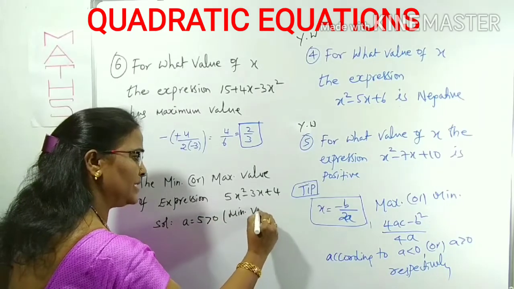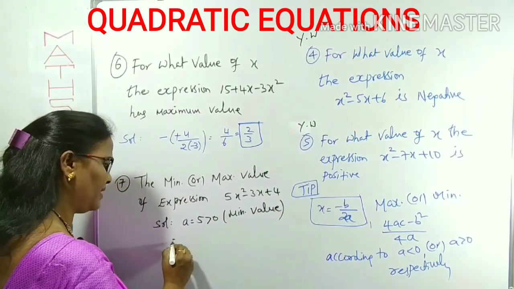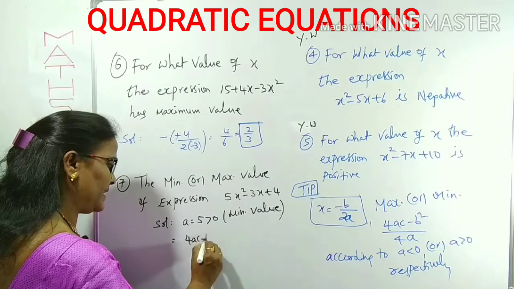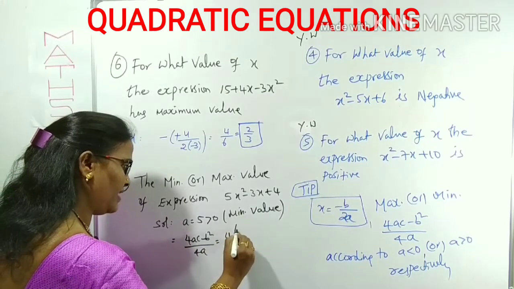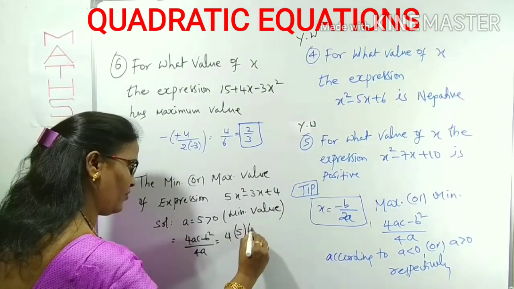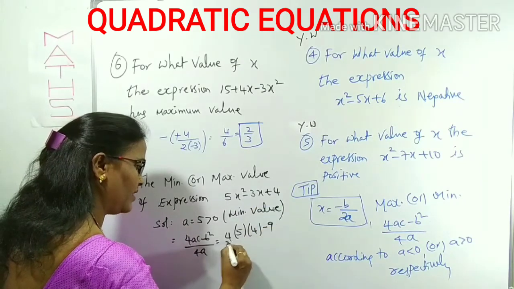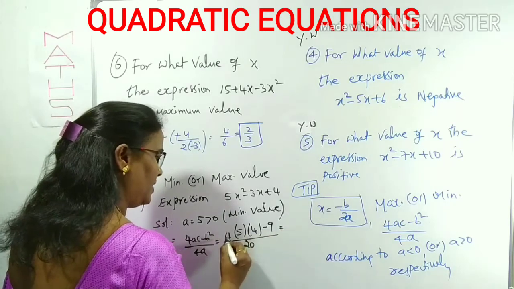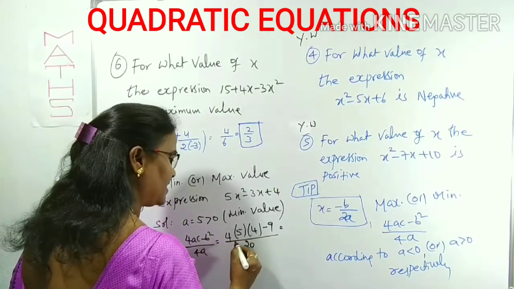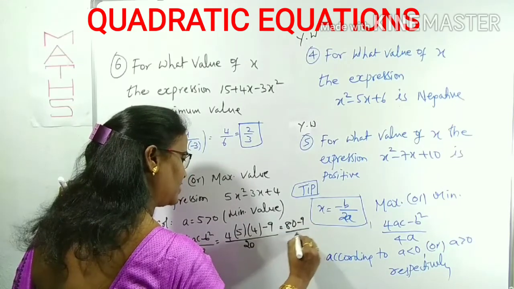For a less than 0 it is a maximum; for a greater than 0 it is a minimum. The value formula is 4ac minus b square by 4a. 4a is 4 times 5, which is 20, times c which is 4, gives 80, minus b square, minus 3 whole square, is 9, by 4a, so the answer is 80 minus 9 by 20.